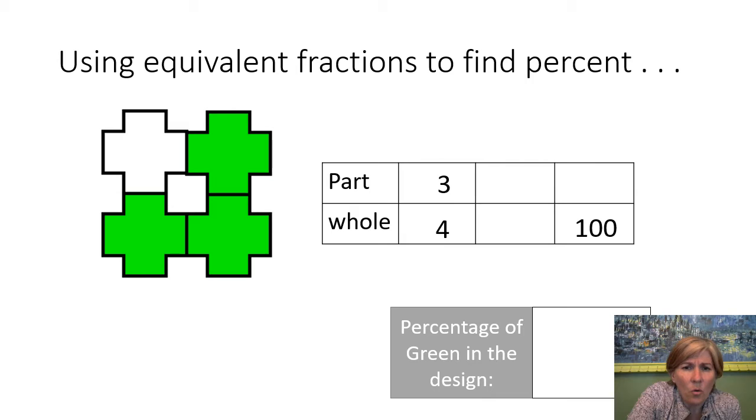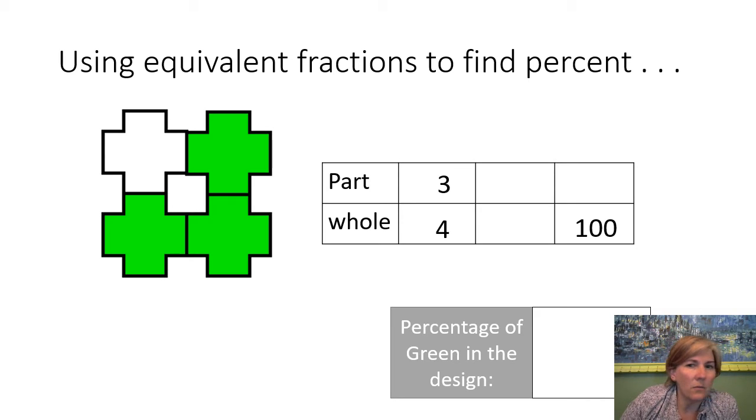Now I know that I have to get to 100 because I'm being asked about percent. But I'm not totally sure what to multiply 4 by to get to 100. Or I can do it maybe with my mental math a little easier. So I know that 20 is a nice number to multiply eventually to get me to 100.